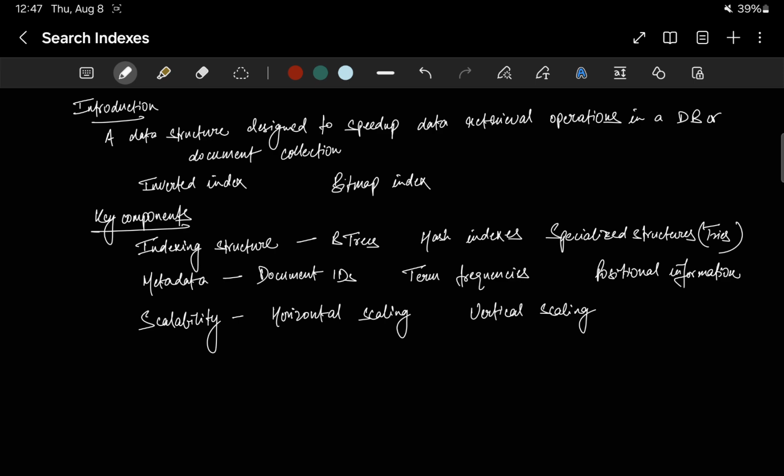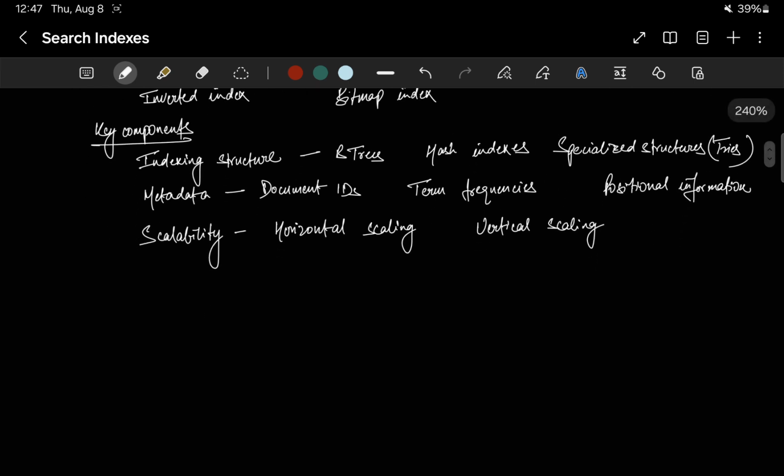Okay. Next, let's talk about the indexing process. First is tokenization. Tokenization is a critical process in search indexing where text is broken down into distinct tokens or terms.